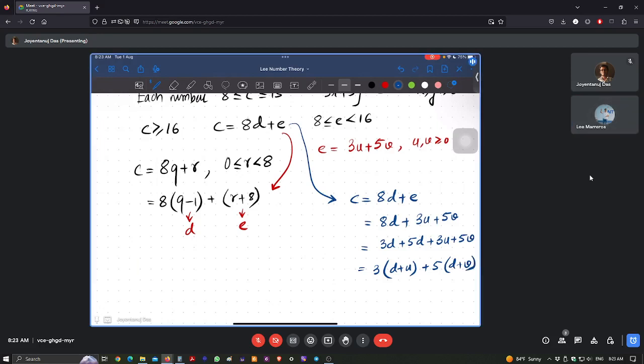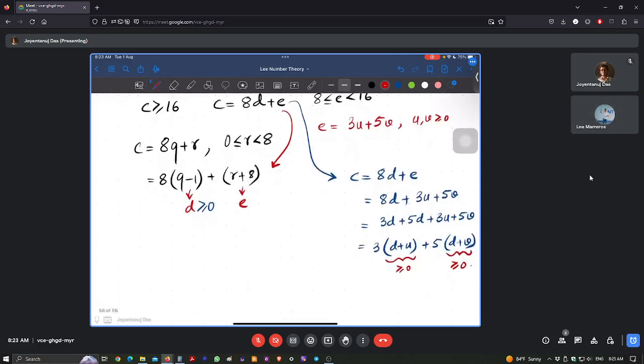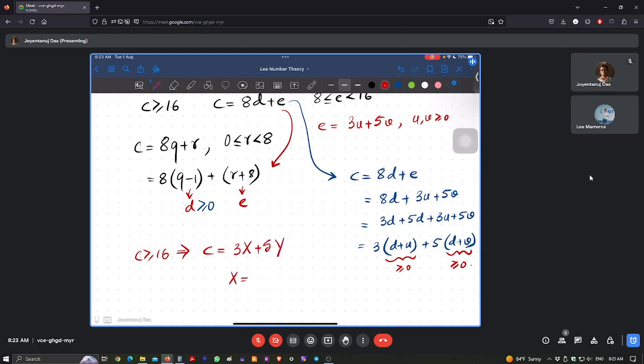I know that d is greater than or equal to 0 and u, v are also greater than or equal to 0. So that makes these two quantities also non-negative. So for any number c greater than or equal to 16, I can express it as 3x plus 5y, where x equals d plus u, y equals d plus v, and both of them are non-negative.